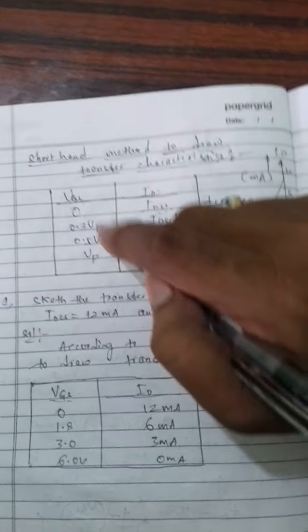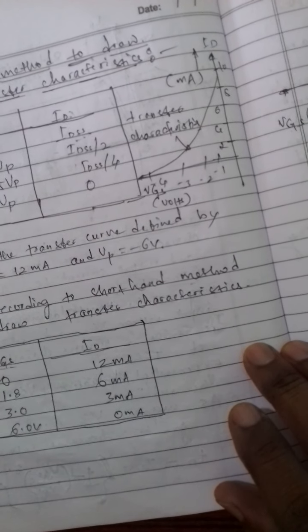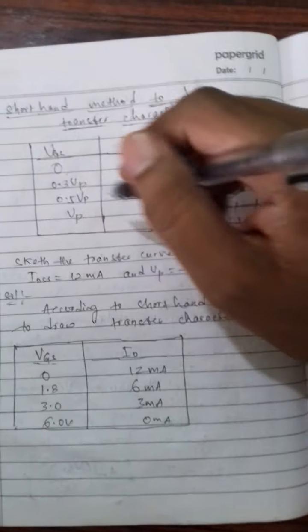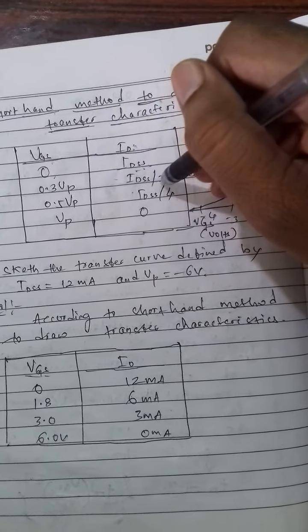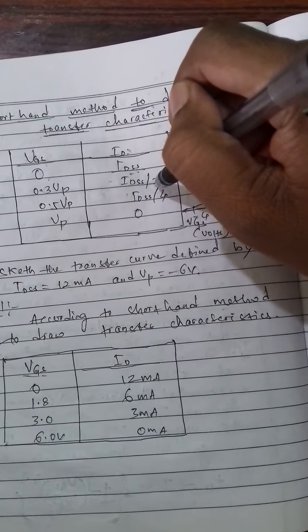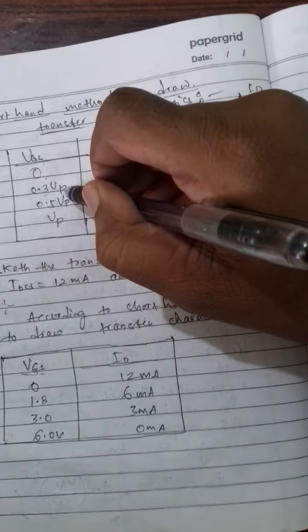Now if you reduce ID from IDSS to half of IDSS, then if you put it in this equation, VGS is equal to 0.3 times the pinch off voltage.